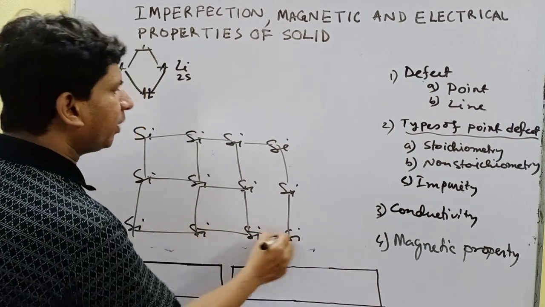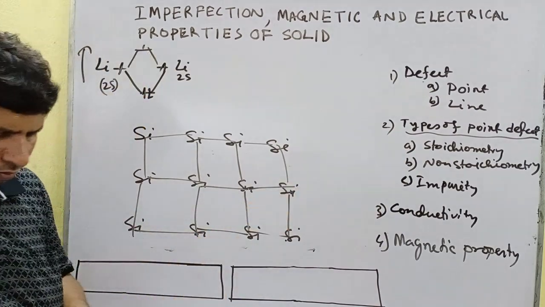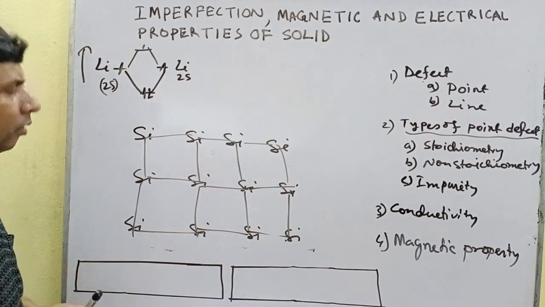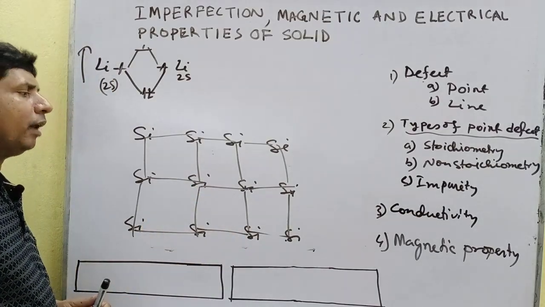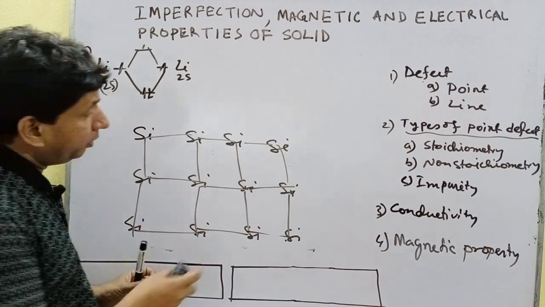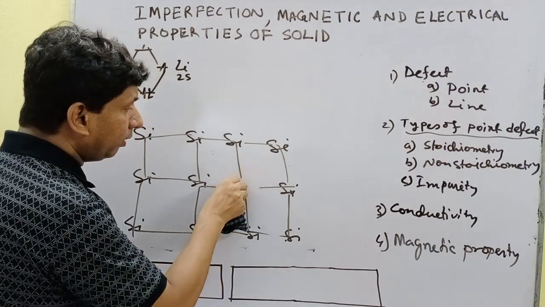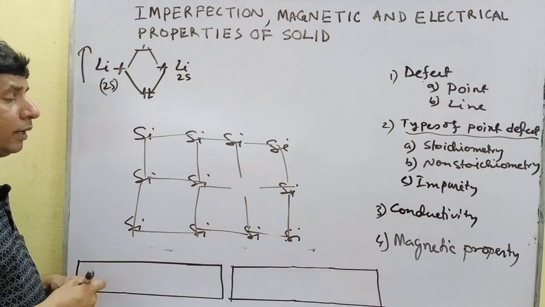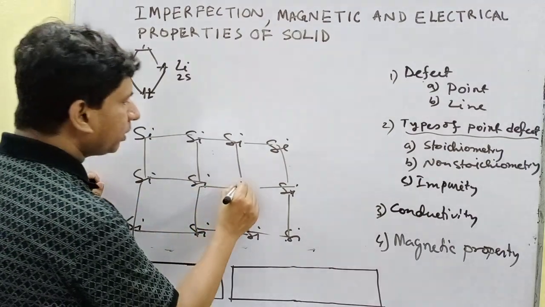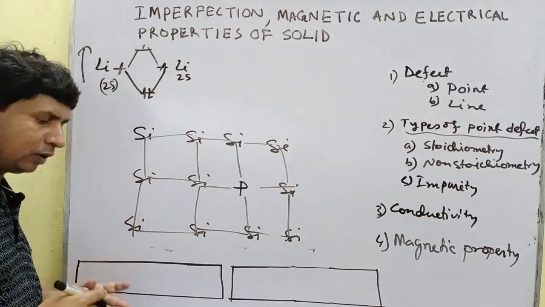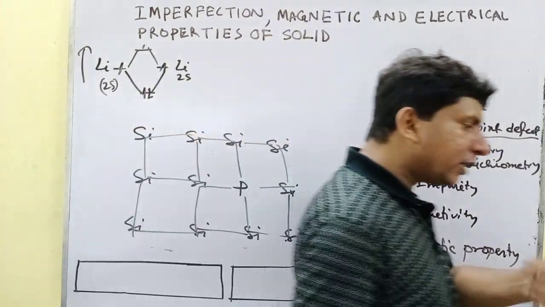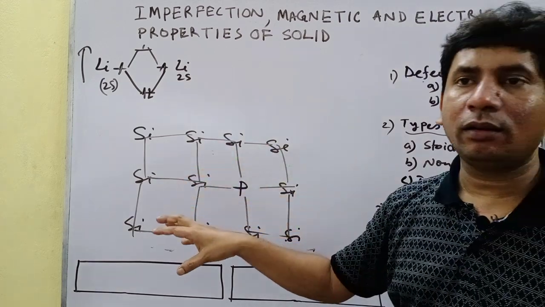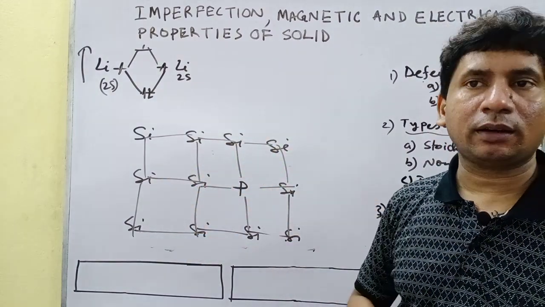I am taking silicon because silicon is a semiconductor. The band gap is intermediate between insulator and conductor. Now, if we remove one silicon from here and put one phosphorus here, then what happens? That is doping of a foreign element into a semiconductor.